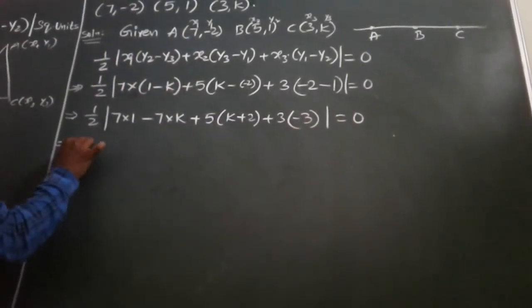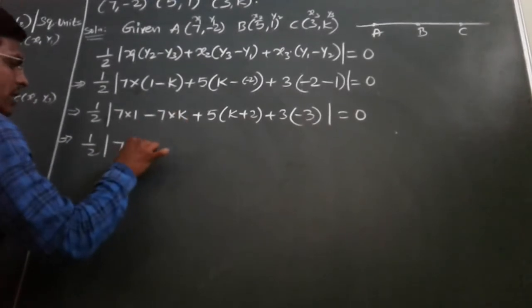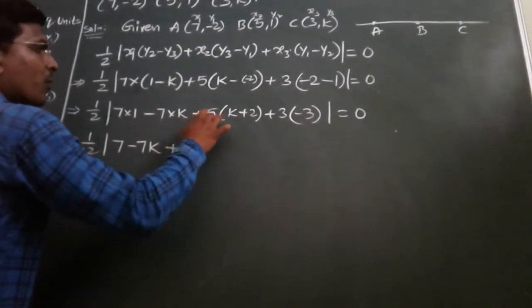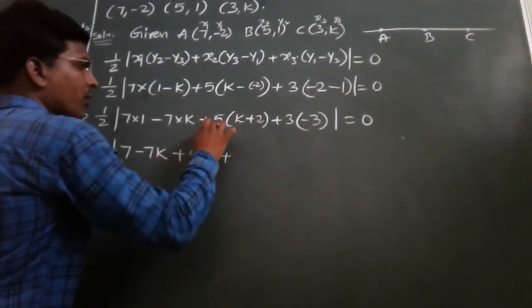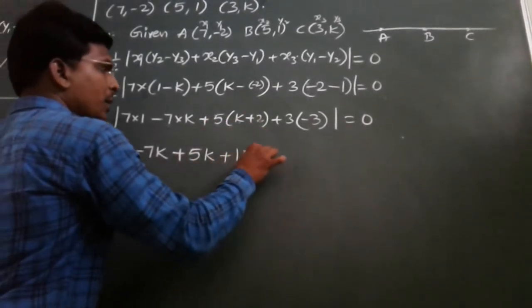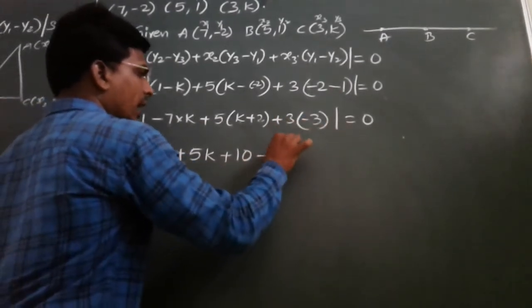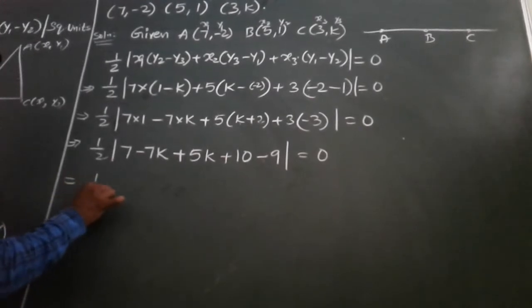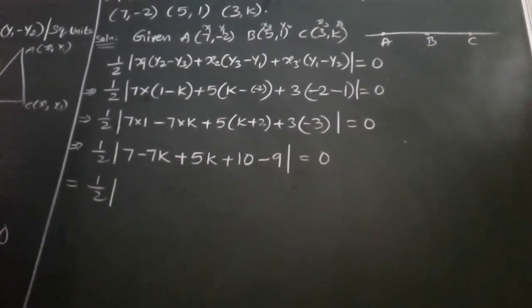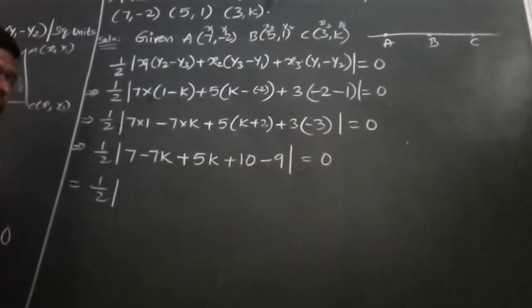Next, 1 by 2. 7 into 1, 7, minus 7 into k, 7k, plus 5 into k, 5k, plus 5 into 2, 10, plus into minus, minus 3 into 3, 9. Okay, so 1 by 2 modulus, see, add the positive terms, so add constant terms, then add variable terms.